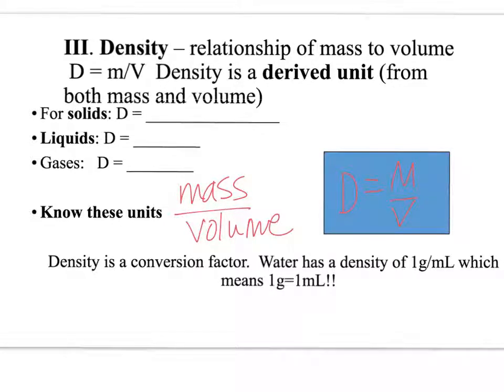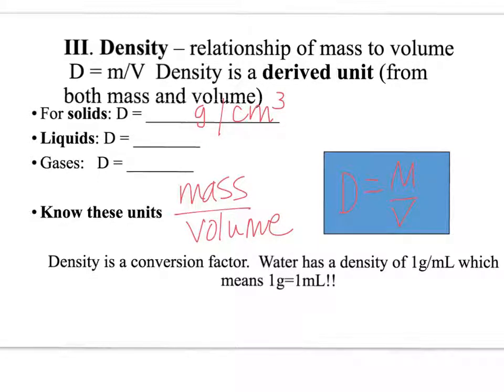And so it's a super easy calculation in that it's just a division problem, but it does have different units depending on what state of matter we're in, and we need to be aware of that. If it is a solid, our units are going to be grams per centimeter cubed, because you would ultimately be multiplying length times width times height.